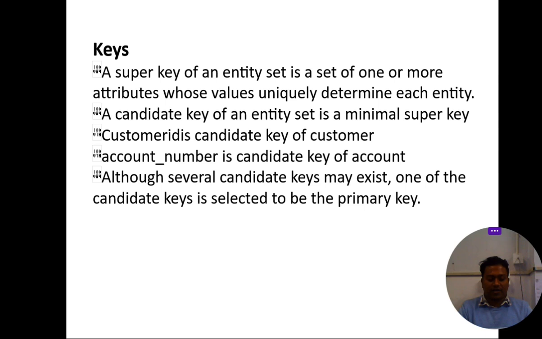A candidate key of an entity set is a minimal super key. Customer ID is the candidate key of customer. Account number is the candidate key of account. So they are the candidate keys. Although several candidate keys may exist, one of the candidate keys is selected to be the primary key.